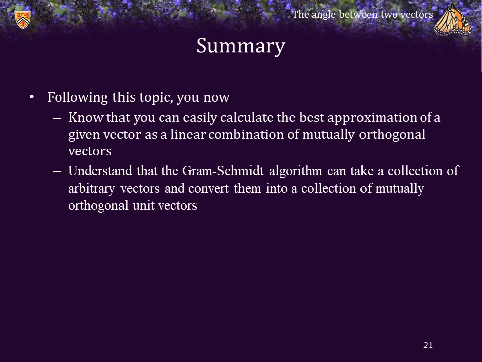You also understand that the Gram-Schmidt algorithm can take a collection of arbitrary vectors, that is, vectors that may not be orthogonal and may not be normalized, and convert them into a collection of mutually orthogonal unit vectors that contain the same information that the original vectors had. That is, we can always recreate the original vectors with linear combinations of these new mutually orthogonal unit vectors.